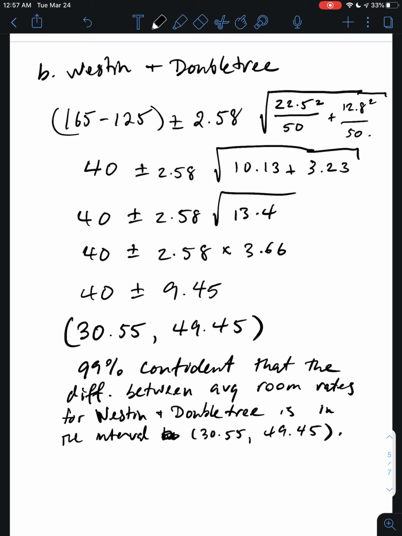So we're 99% confident that a Weston room costs $30 to $50 more than a Doubletree room.